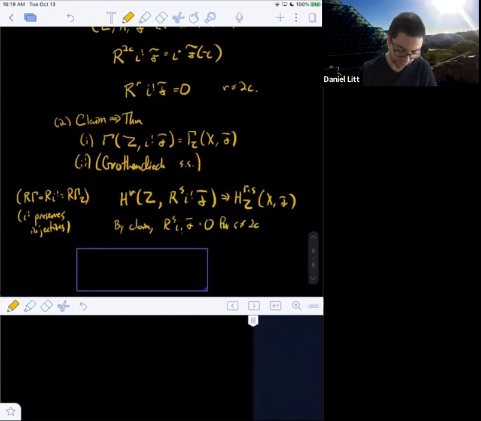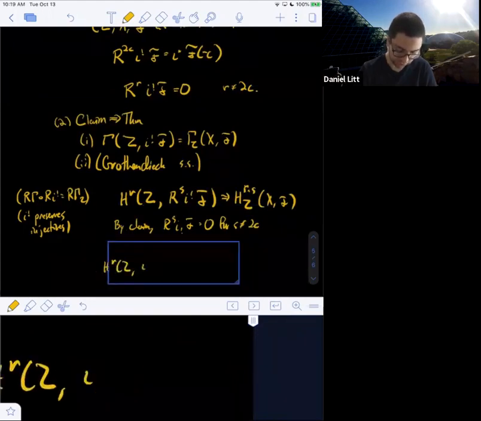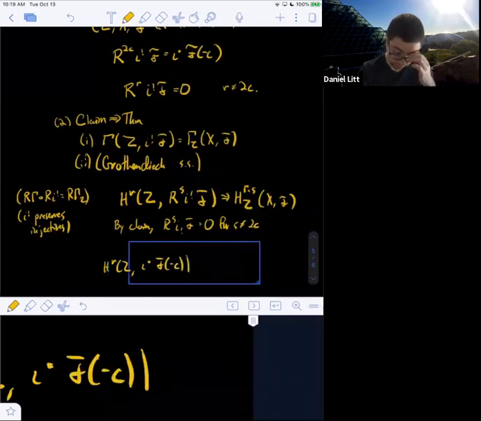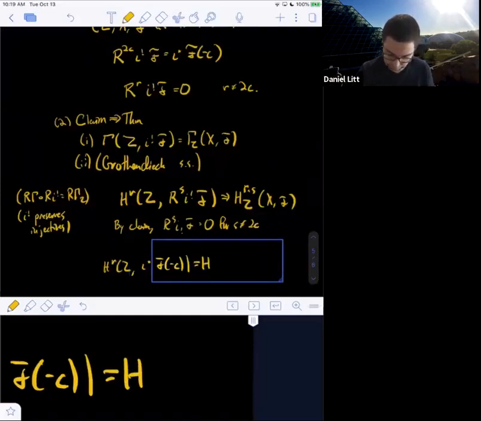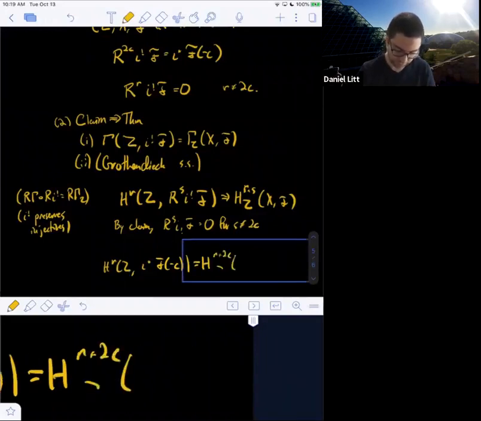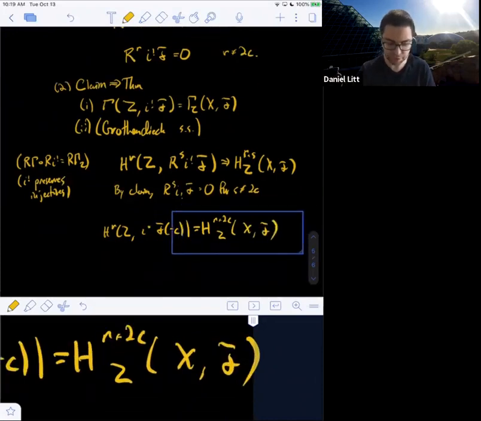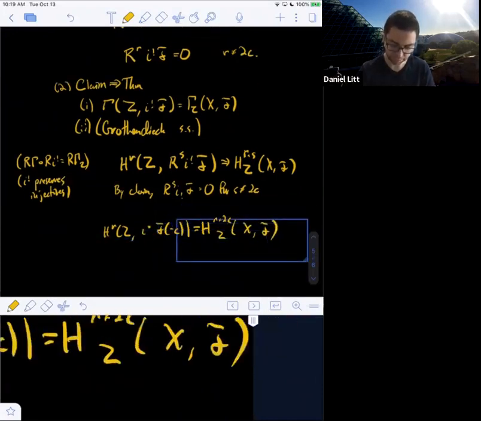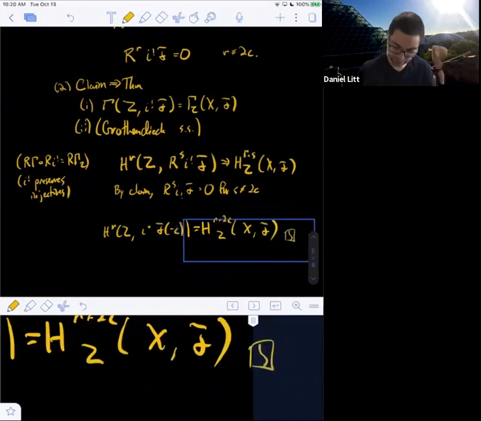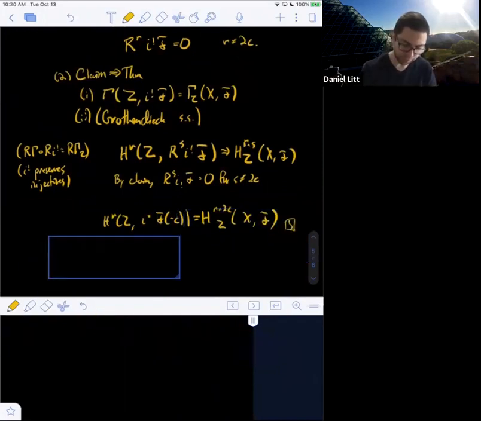So you just get H^R of Z with coefficients in i upper star of F twisted by minus c, which equals H^{R+2c} of X with coefficients in F, but supported on Z. And this is what we wanted to prove. Okay, so that proves that the claim implies the theorem.